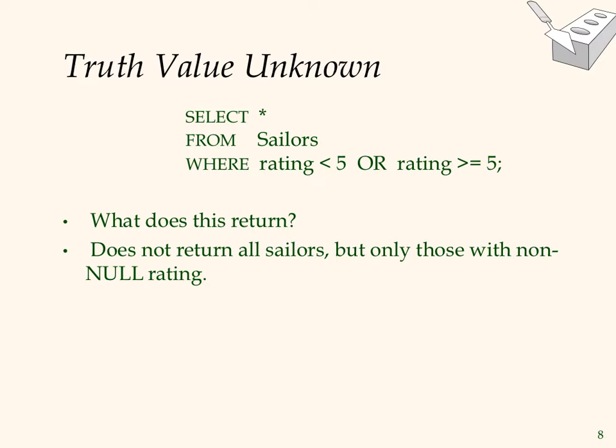But in fact, that's not necessarily true, because if you have a sailor with a null value, let's see how that evaluates. So rating less than 5 is a comparison. So null less than 5 is unknown. Rating greater than or equal to 5 is also unknown, because we're comparing a null value.